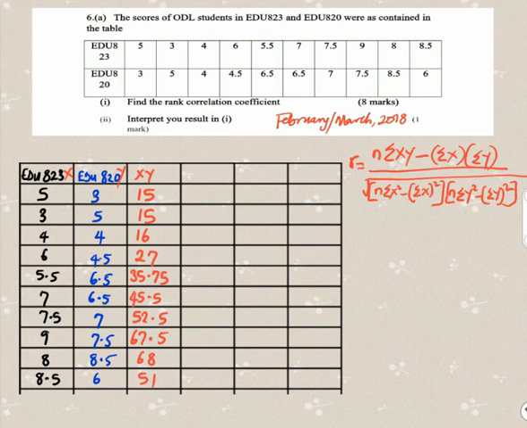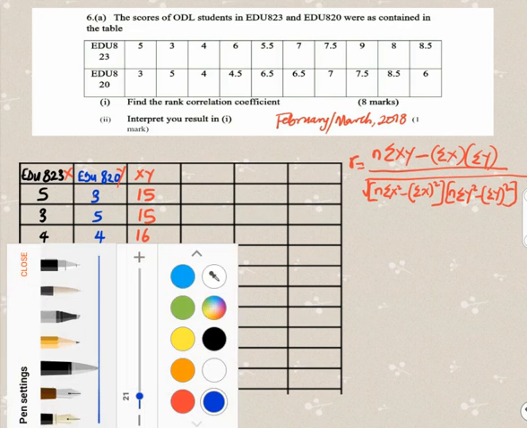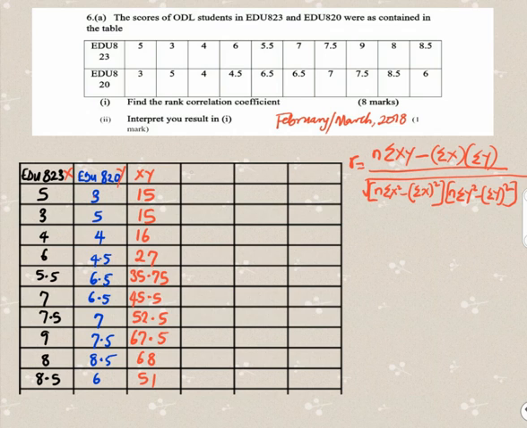Now the other thing we need to get is the x square. Let's use another ink for that. X square.